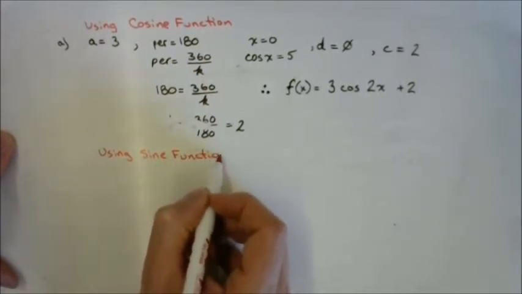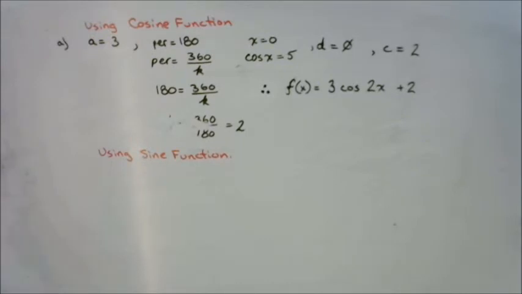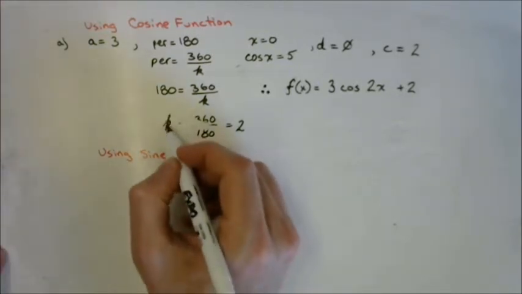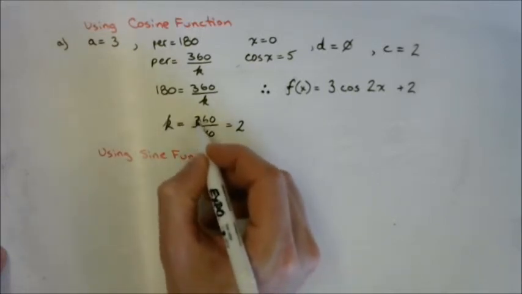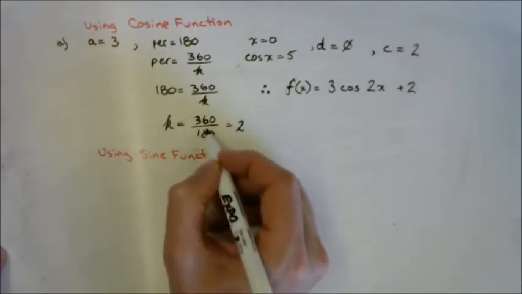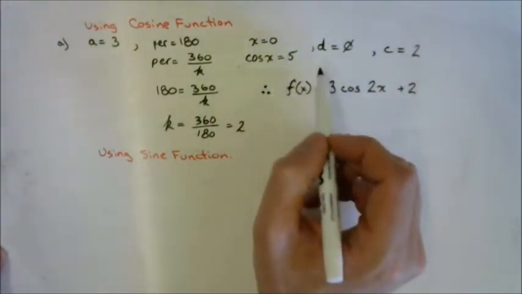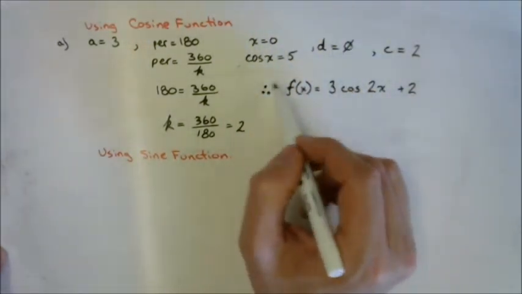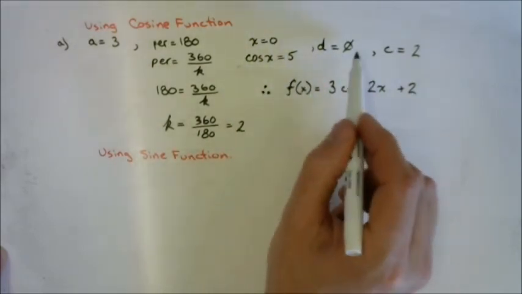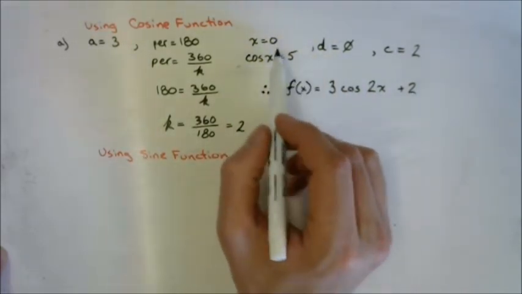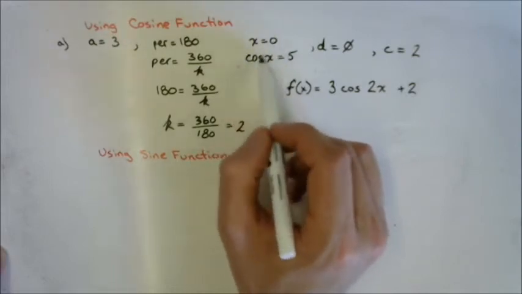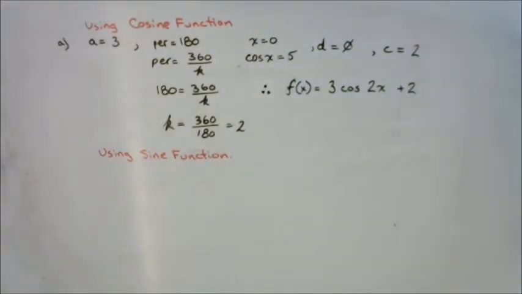Now, cosine function in this case is easier. Why? Why is the cosine going to be easier? There's no phase shift with cosine. Okay, we didn't have to move it left and right. The max of cosine is always at x equals 0, and it was again in this example.